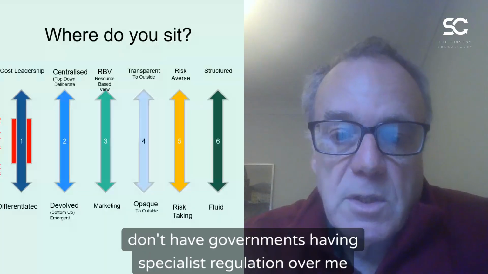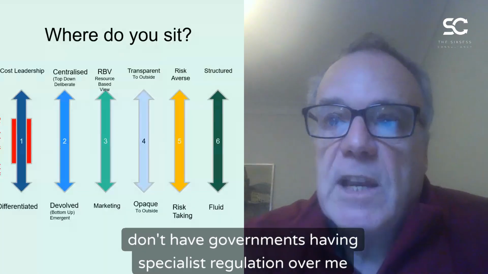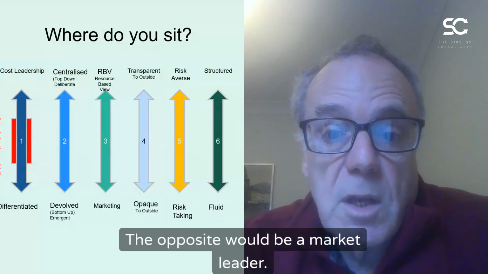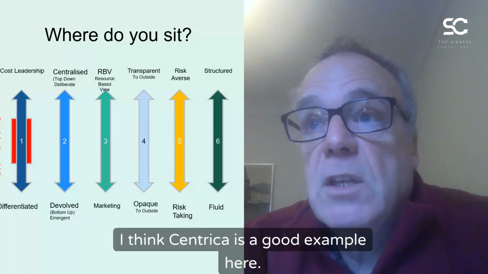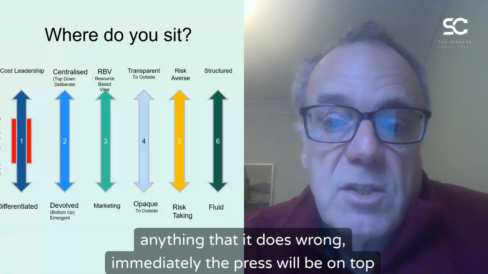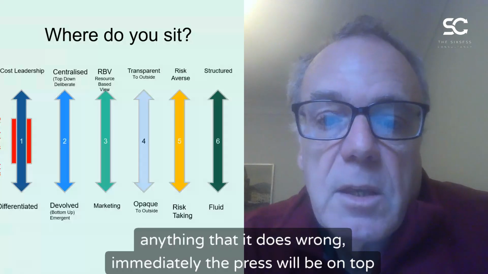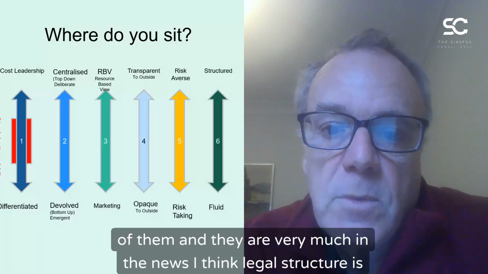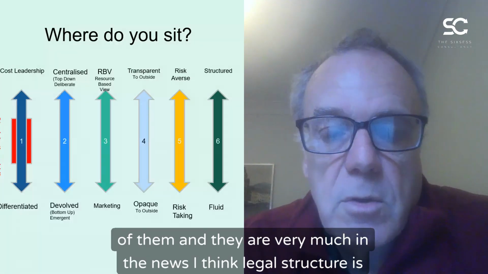I don't have governments having specialist regulation over me particularly. The opposite would be a market leader. I think Centrica is a good example here. Anything that it does wrong, immediately the press will be on top of them, and they are very much in the news.